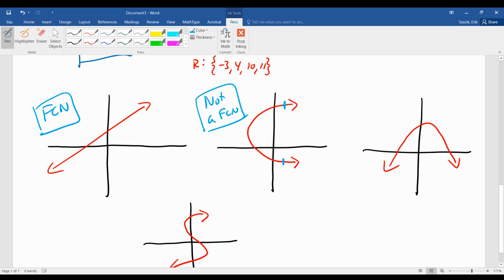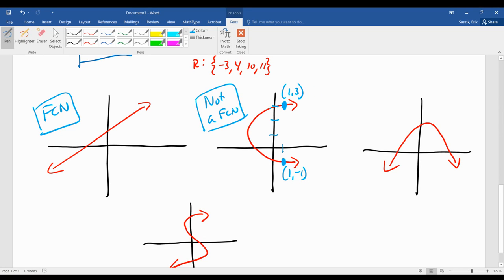These 2 points here and here have the same x value. If I put a tick mark, this could be 1 comma negative 1, and this could be 1 comma 3. You see here we have the same x value going to different y values.